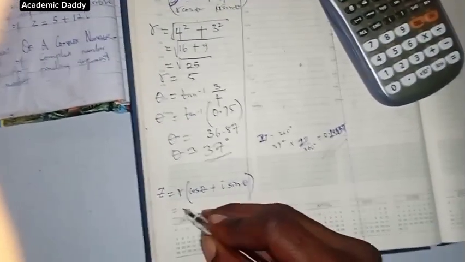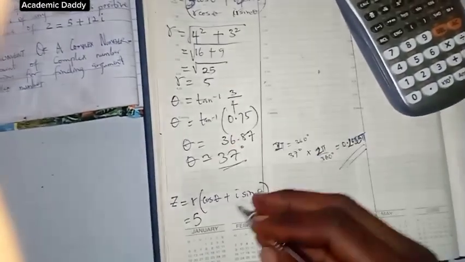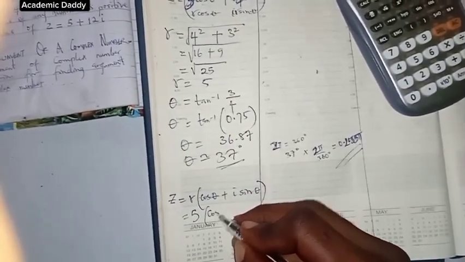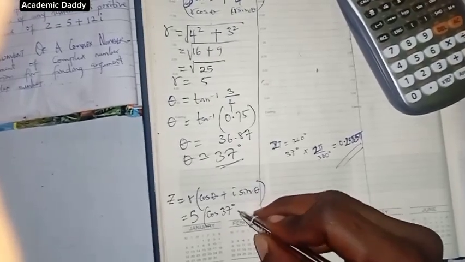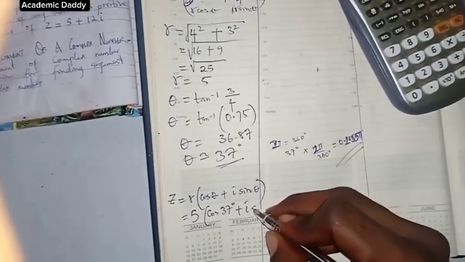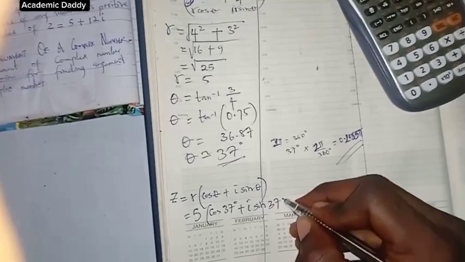So the polar form is 5 into cos 37 degrees plus i sin 37 degrees.